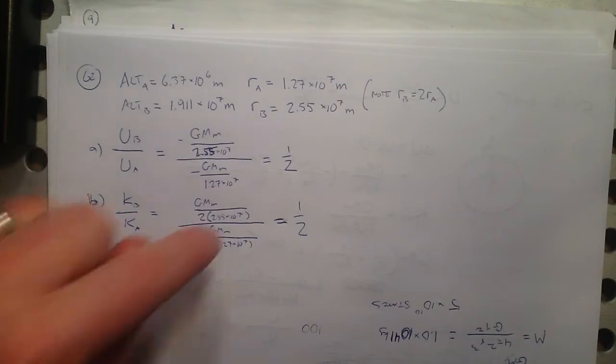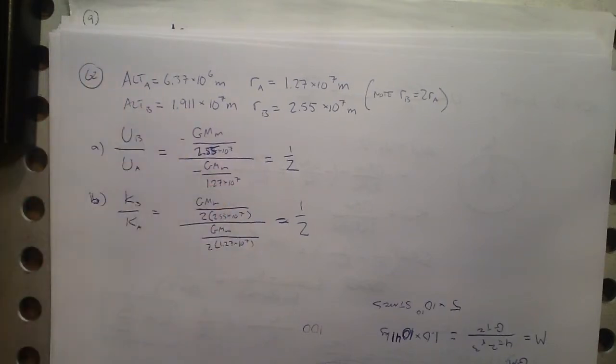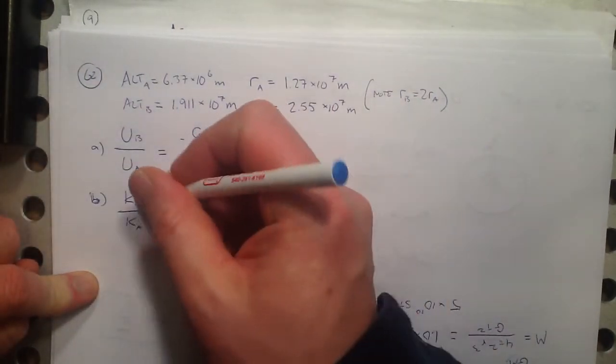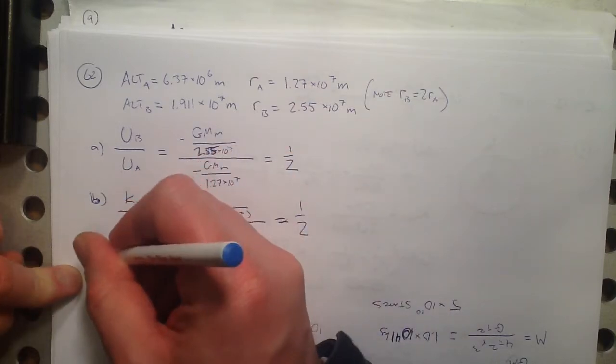Right? It just boils down to the ratio of those radii, but they get flipped, right, because they're both on the bottoms of those fractions.